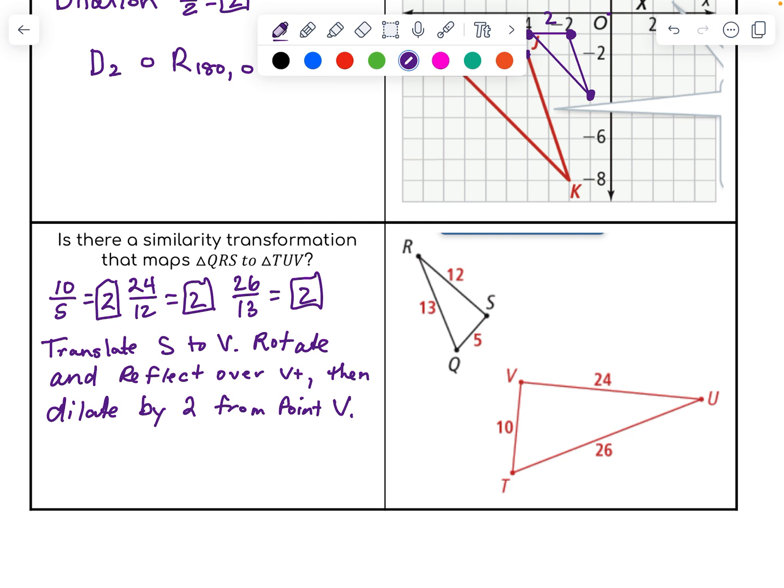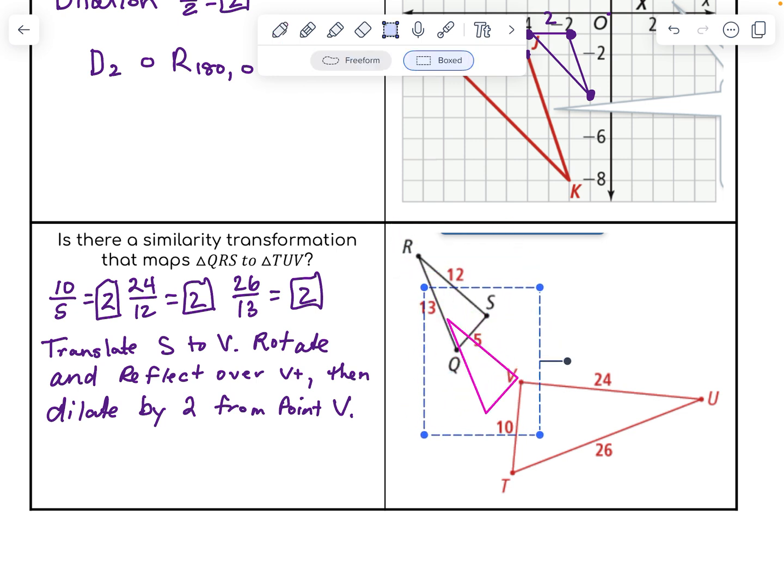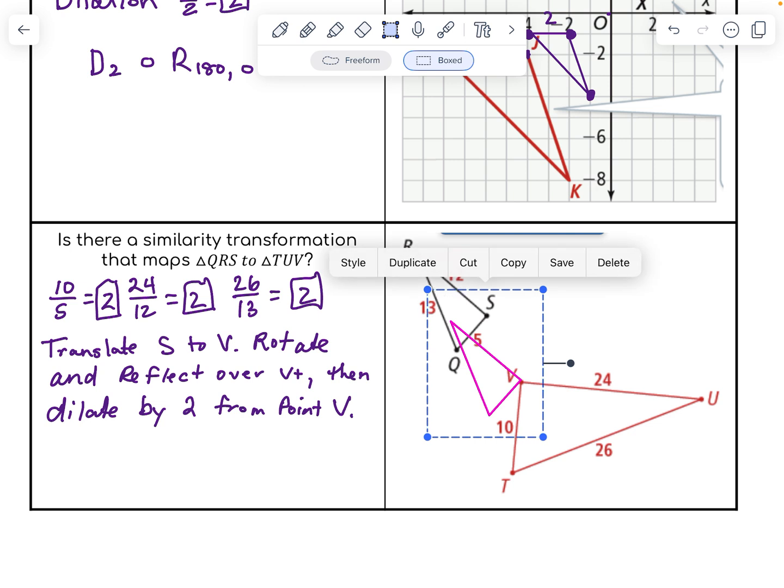So if we translate, I'll just draw it real quick so you can see it. If we take this figure, and I'm going to use my tools to help us here, and I translate it right here, and then I rotate it, if it'll let me rotate.